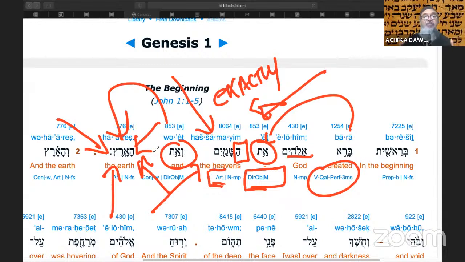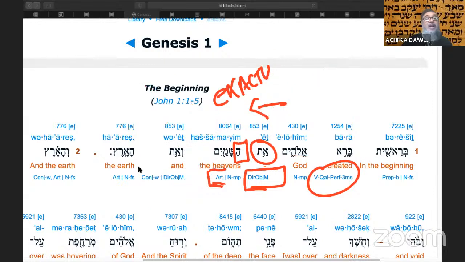He's saying, I'm pointing you right now to everything that I did in the Shamayim and the Haaretz. It's not just Shamayim, it's Ha-Shamayim, and not just Aretz, it's the earth. It's not an earth, it's the earth. In the Hebrew, a definite article is really represented by a hey.